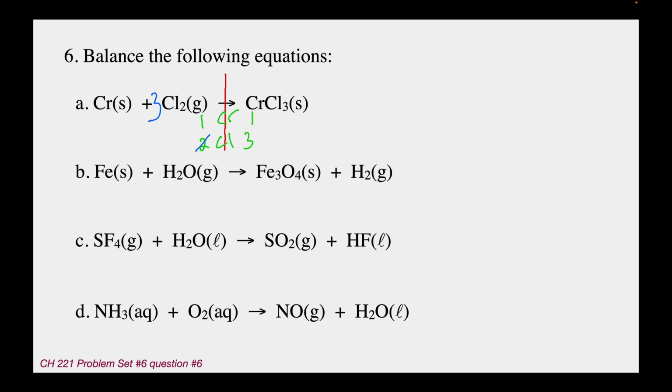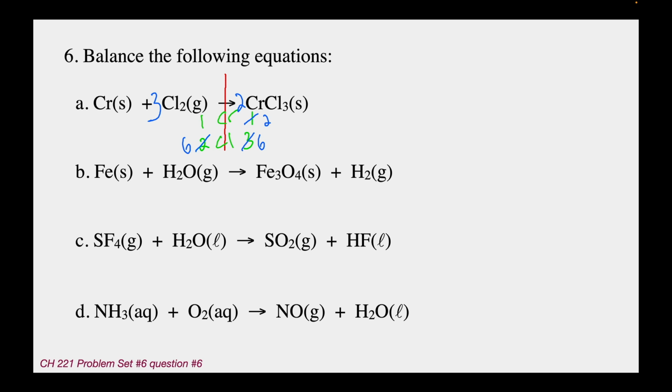Now that changes my 2 chlorines to 3 times 2, 6. No problem. Let's do the same thing on the product side. 6, the common denominator, divided by 3 in CrCl3 gives 2 CrCl3s. Now 2 times 3 changes the chlorines to 6, but alas, now we've messed with the chromiums. So now chromium's not in balance.